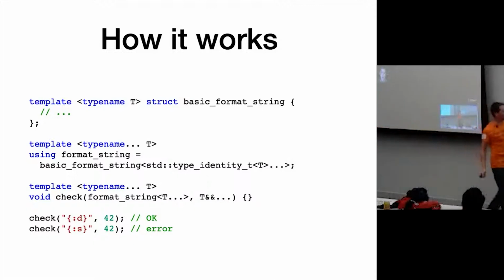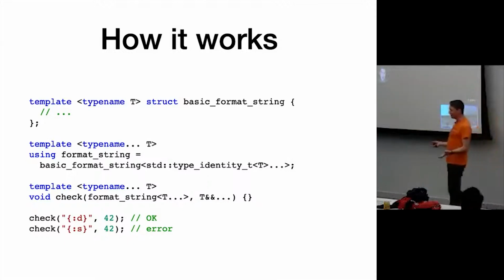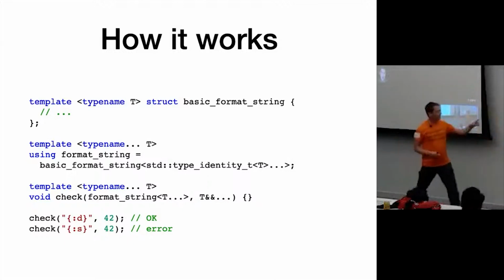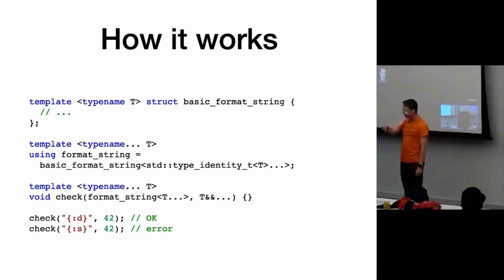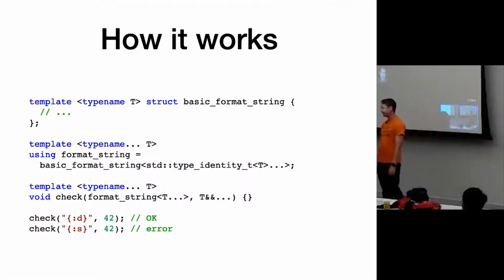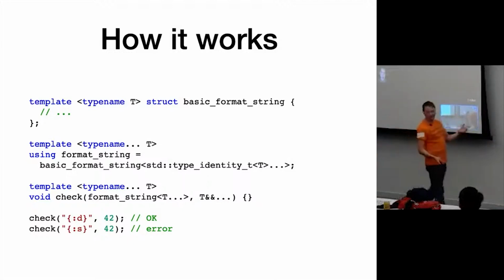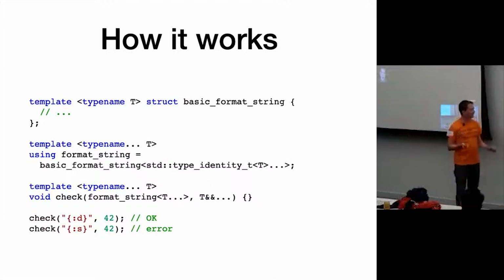The whole purpose is that there's no deduction here, so it's like a concrete type. So T here is deduced not from the first argument, but from here. Then when it's deduced from there, it is plugged into the format string, it's a concrete type, and then the implicit constructor can kick in. It's the trickiest part of the whole thing.